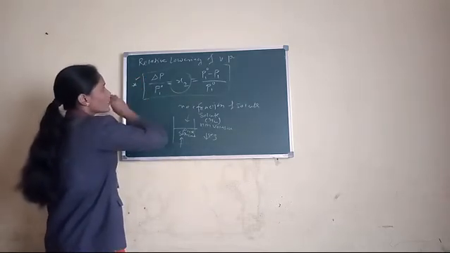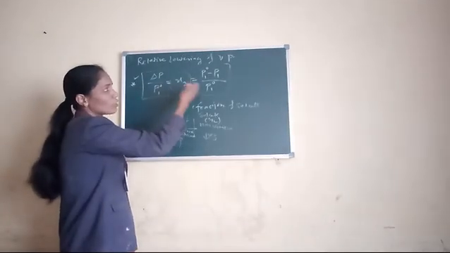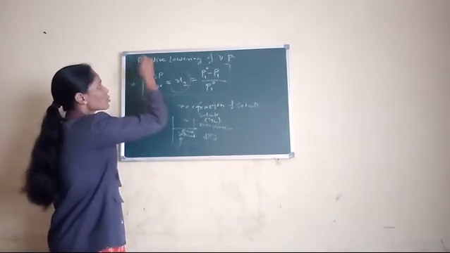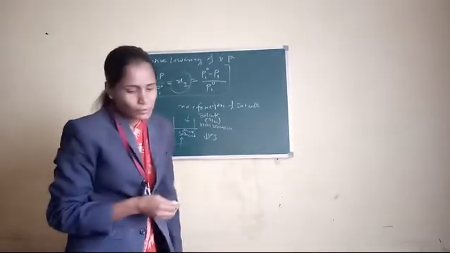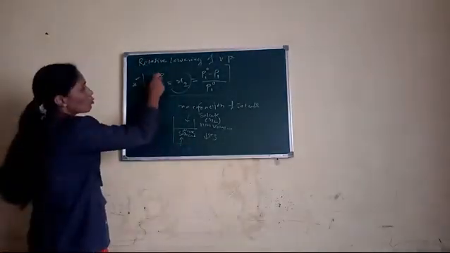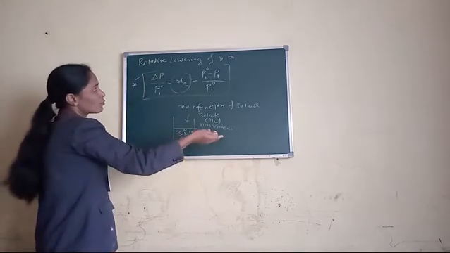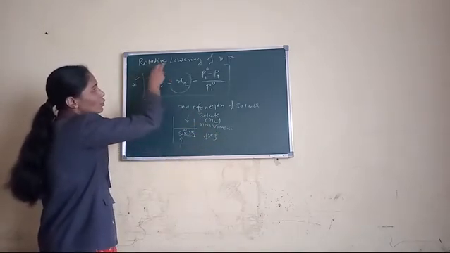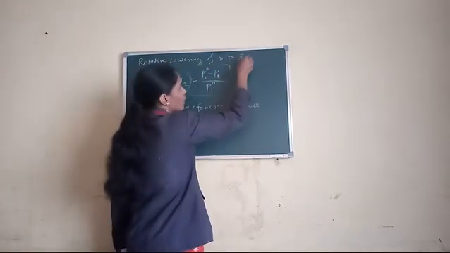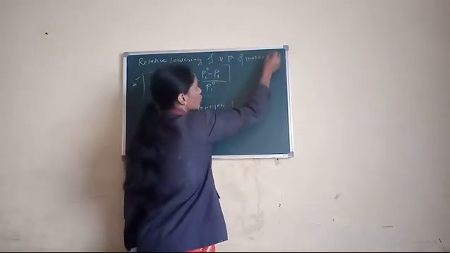This formula is important for solving numericals on the basis of relative lowering of vapor pressure. This formula is used in the next topic, the relation between lowering of vapor pressure and the molar mass of solute.